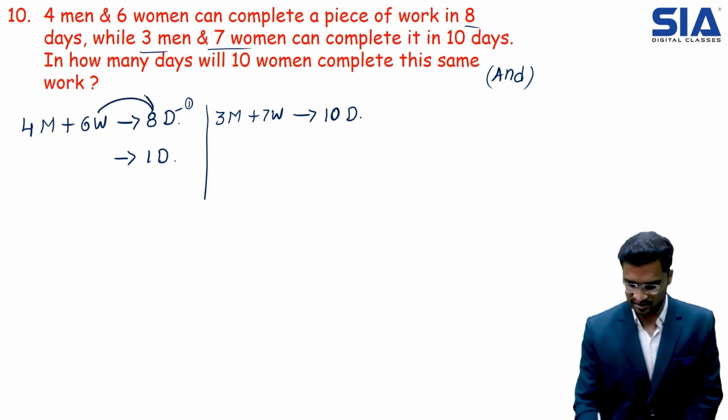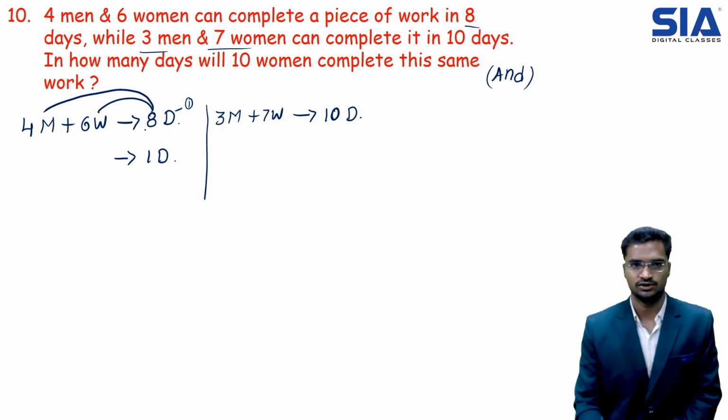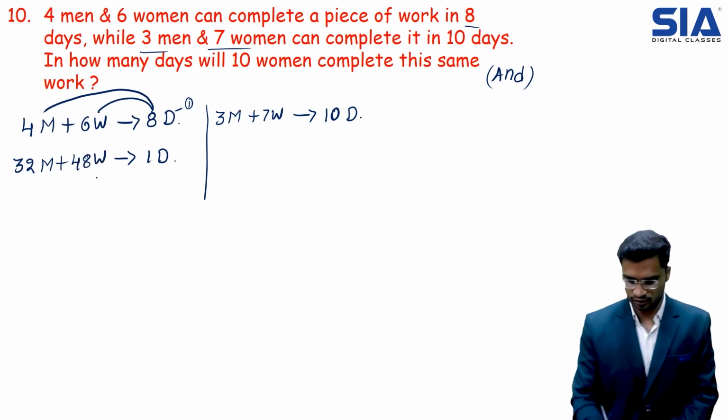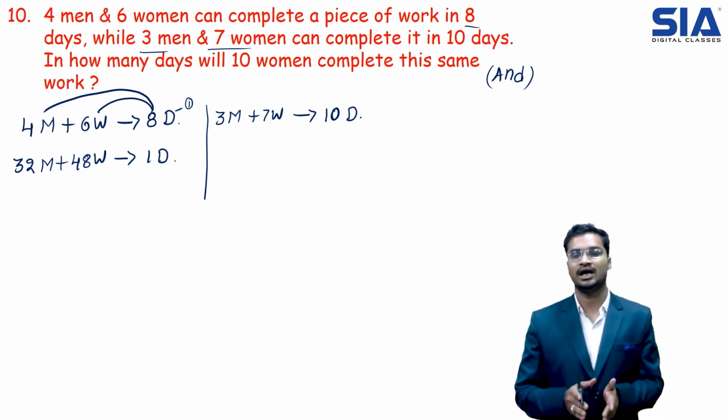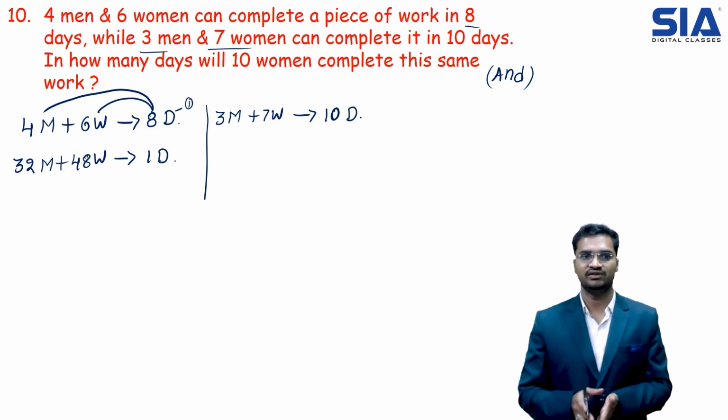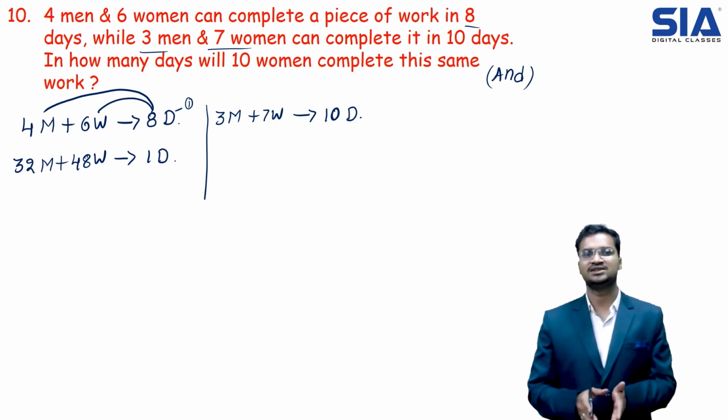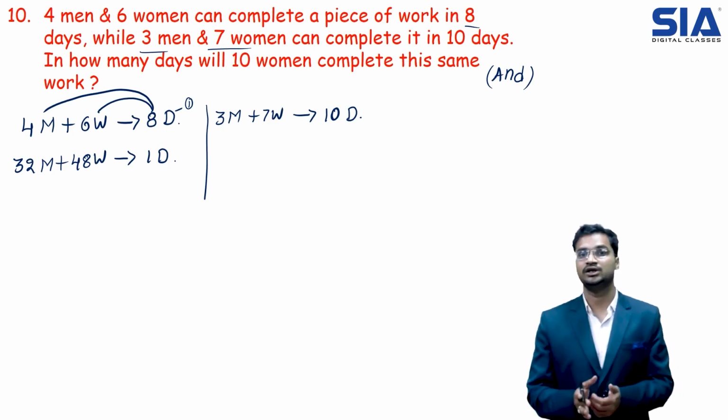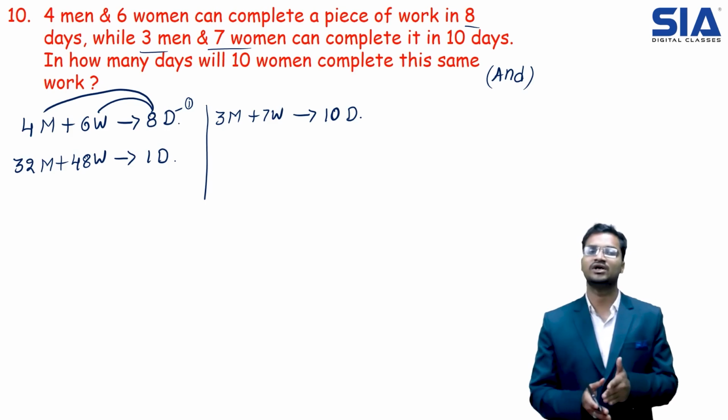We can find this value by multiplying by this 8. So 4 8s are 32 men plus 6 8s are 48. If 4 men plus 6 women are doing this work in 8 days, then 32 men plus 48 women will do this work in 1 day.